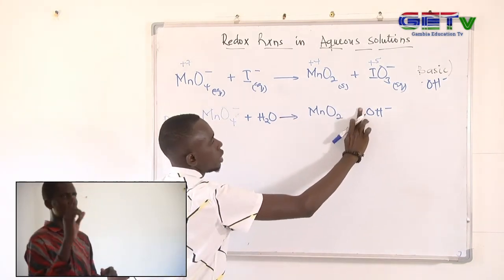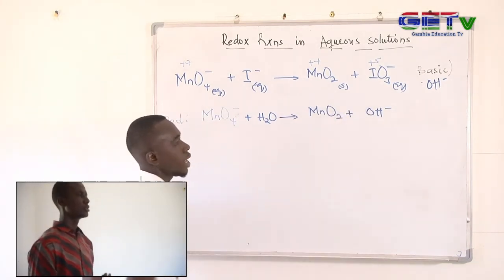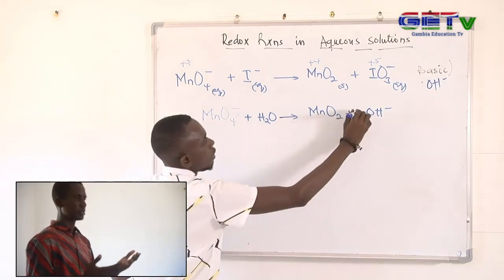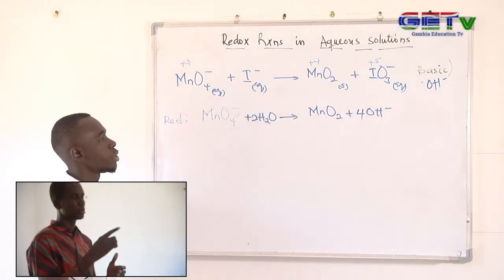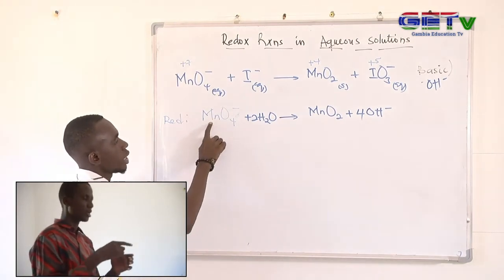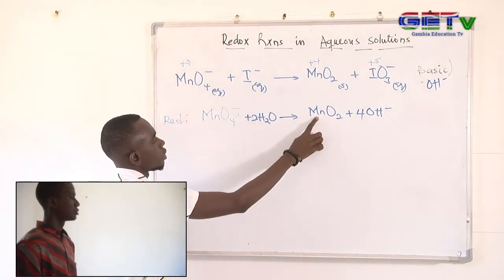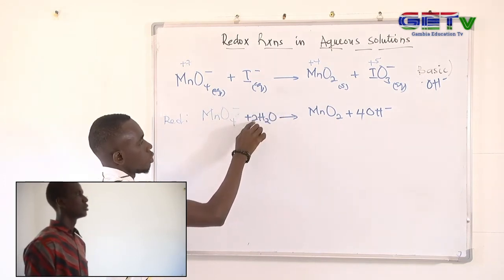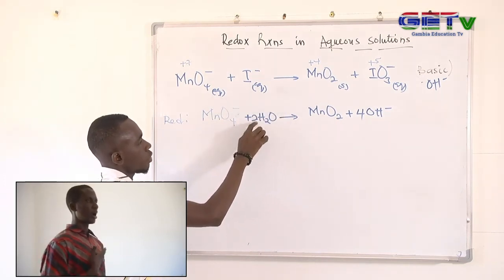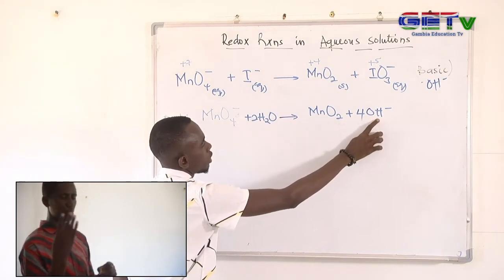So the method of balancing here is called trial and error, but then if we put here 4, we put here 2, then the equation will be balanced. We can say manganese is 1, manganese is 1. So water contains 2 times 2, that is 4 atoms of hydrogen. Here also we have 4 atoms of hydrogen.